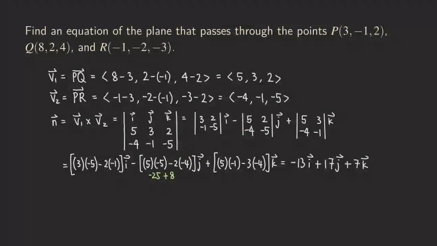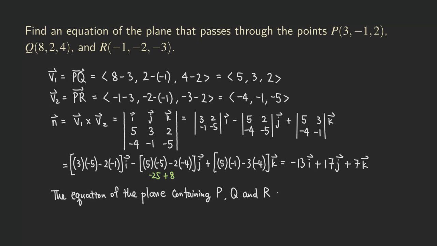So the equation of the plane containing the P, Q, and R is given by, now using the three components of the normal vector as the coefficients, it will become negative 13, and then x.